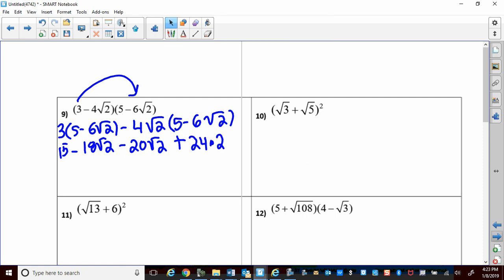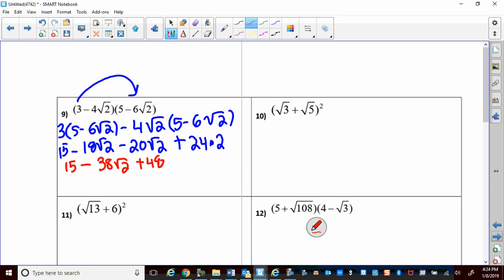All right, simplifying, I get 15 minus, let's see, that's 38 root 2 plus 48. Simplifying, 48 plus 15, I get 63 minus 38 square root of 2.